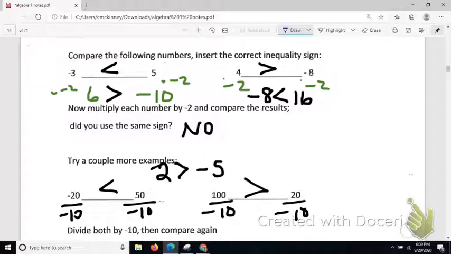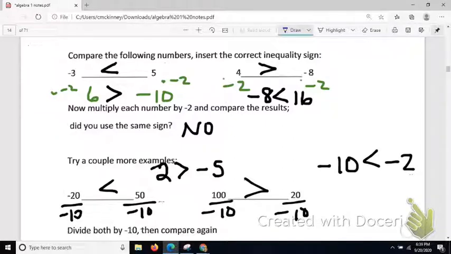And 2 is greater than negative 5. Here I have negative 10 and negative 2. And remember, like warmer is greater, negative 10 is less than negative 2.